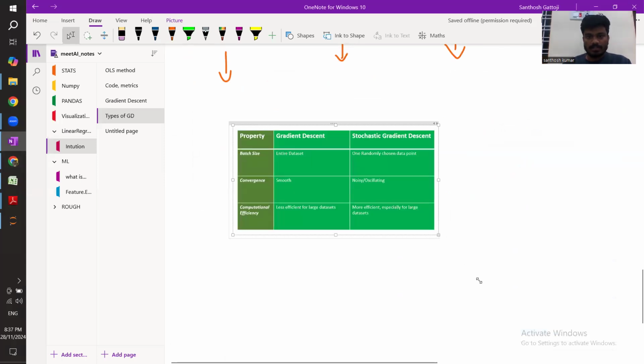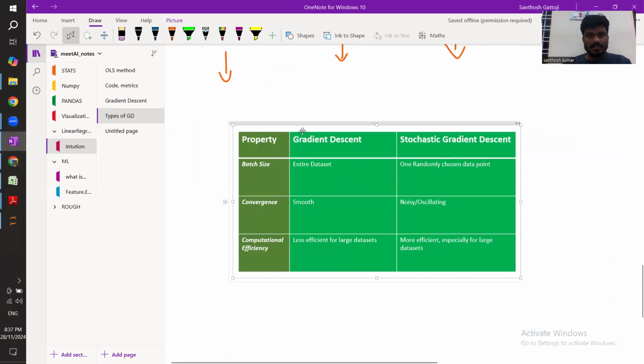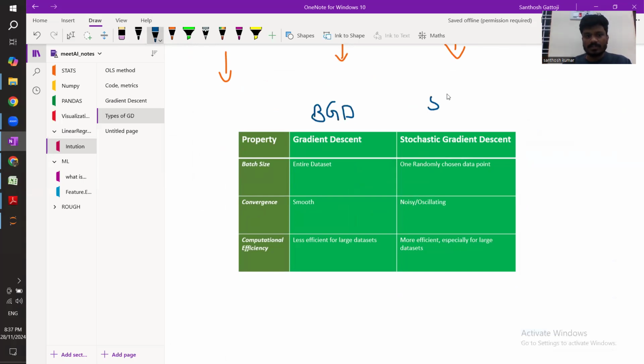The same thing we have just discussed: this is the BGD, this is the SGD. In BGD, the entire data set is used, but in SGD one randomly chosen data point. Convergence in BGD will be smooth, always towards the minima, the optimal solution, but in SGD it will be noisy and oscillating.